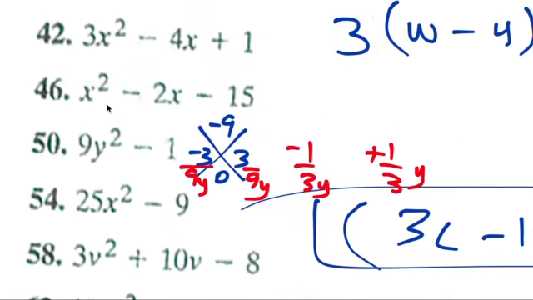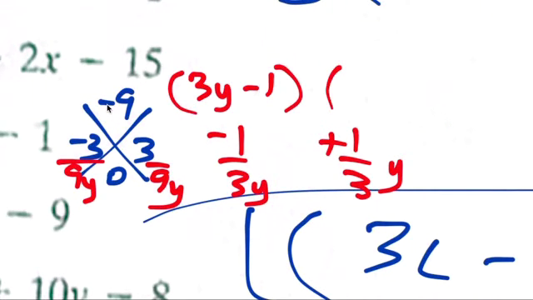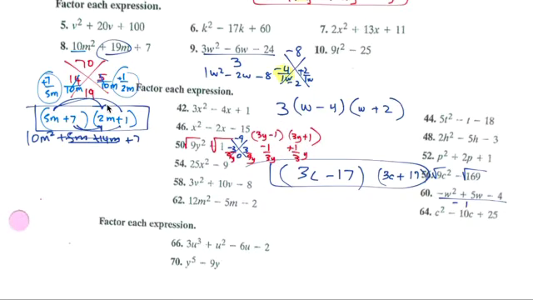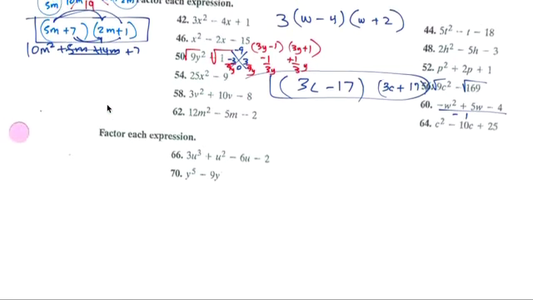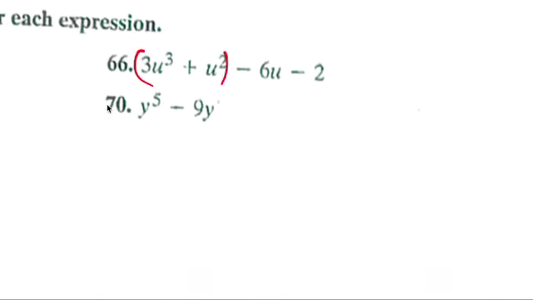So your answer is 3y minus 1 and 3y plus 1. Notice, same thing as taking the square root. Okay. Makes it shorter.